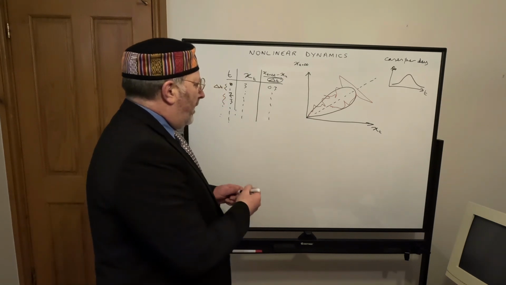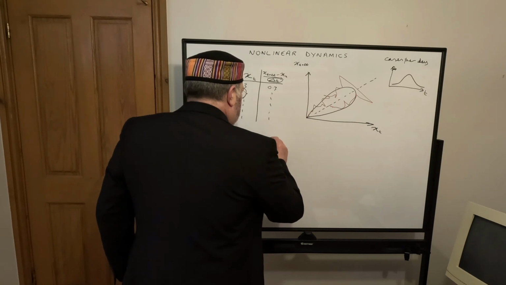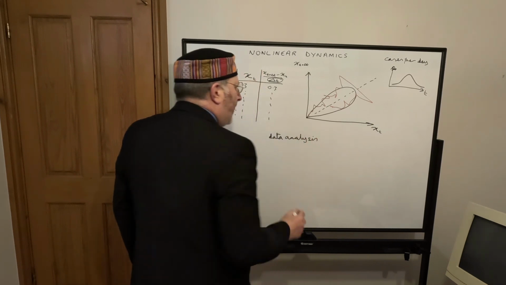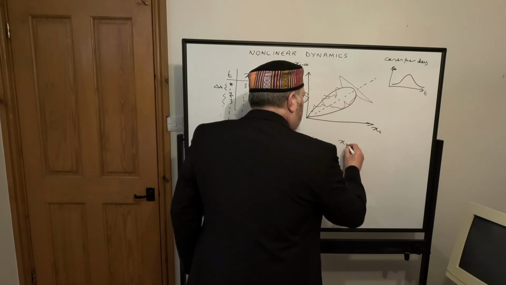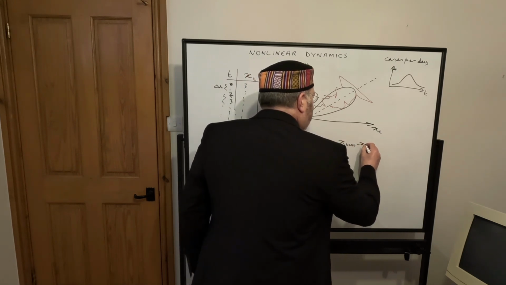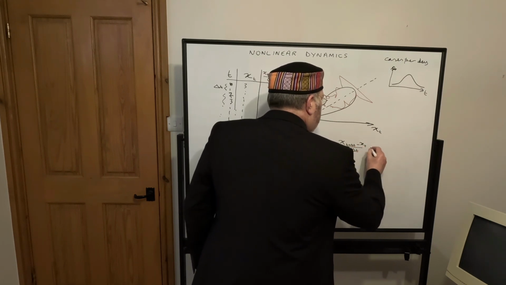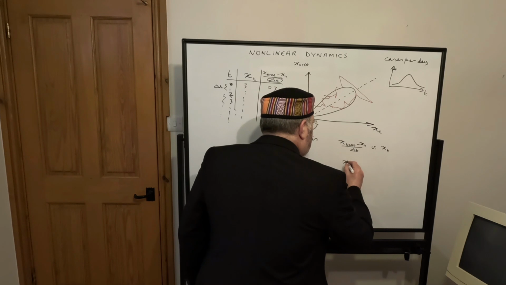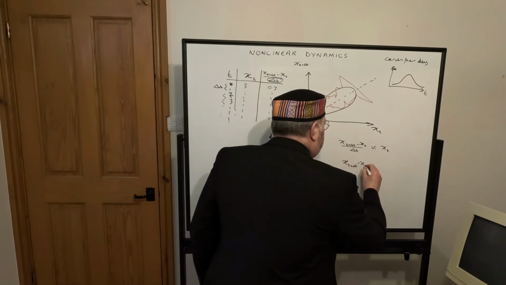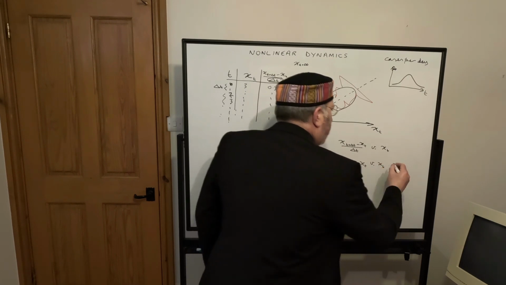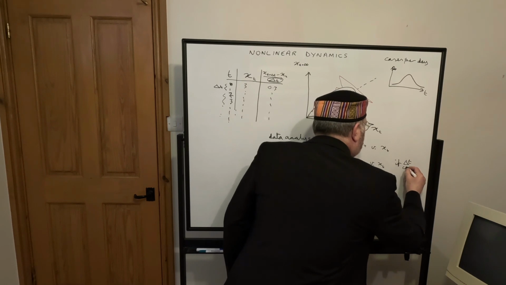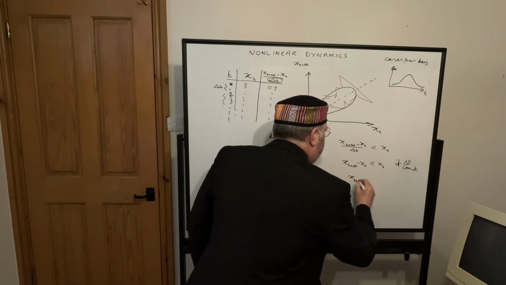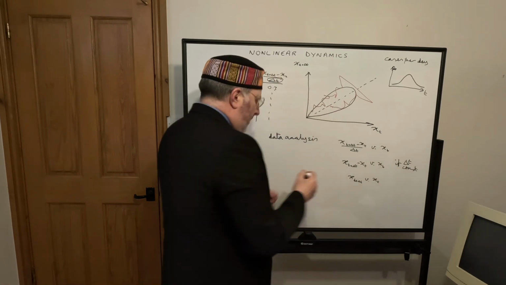So perhaps I'll just summarize. Some things we can do in data analysis is plot x(t plus delta t) minus x(t) over delta t versus x(t), or just x(t plus delta t) minus x(t) versus x(t) if delta t is constant, and then lastly x(t plus delta t) versus x(t).